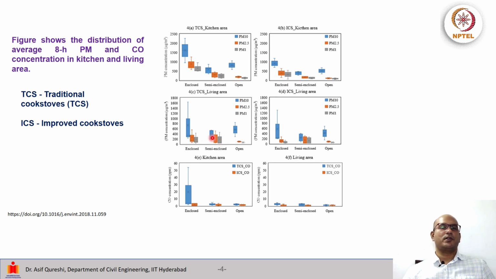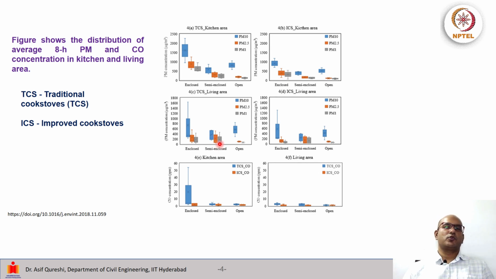and this could be because cooking in a semi-enclosed area will help the dilution of PM, and so that would lead to less infiltration in the living room or less movement of PM in the living room.